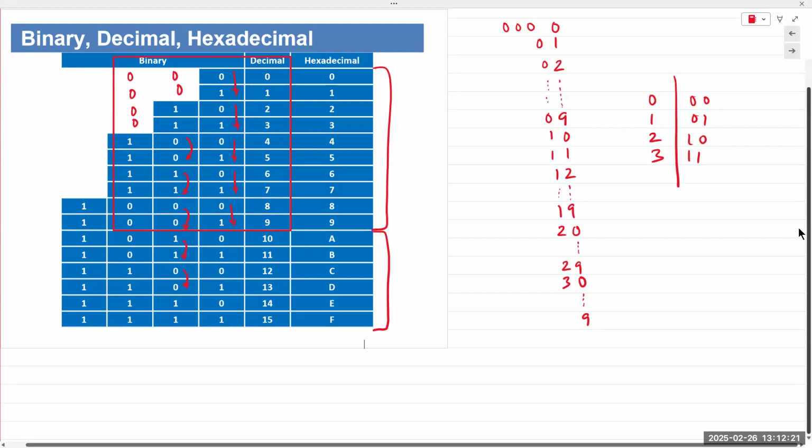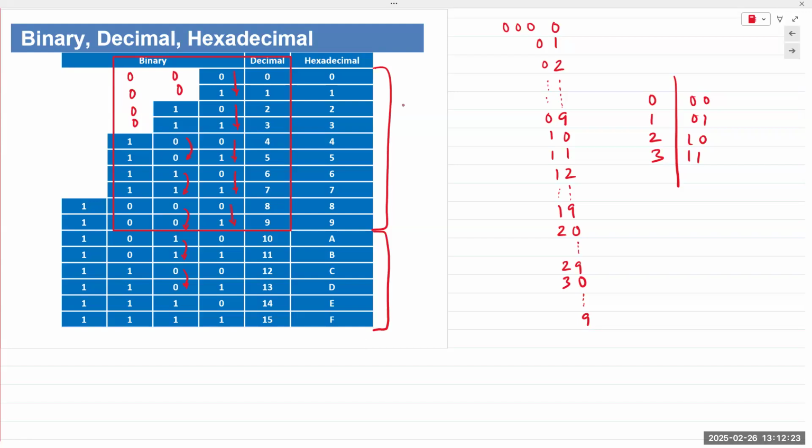Hexadecimal goes from 0 through 9, which is decimal, and A through F. So we go from 0 through 15, 16 possible states.